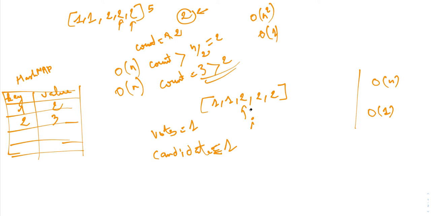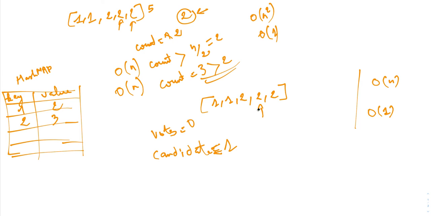Again, I'm going to go here. Two is different from the candidate, so we're gonna put 0 now. But still, we're gonna keep the candidate 1. Okay?